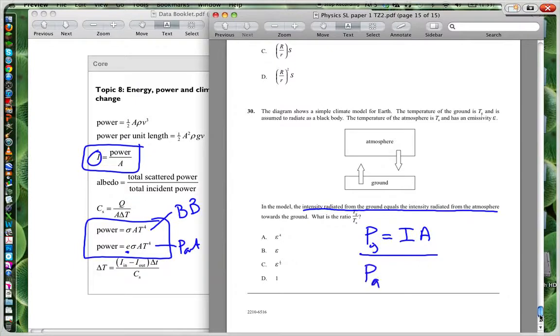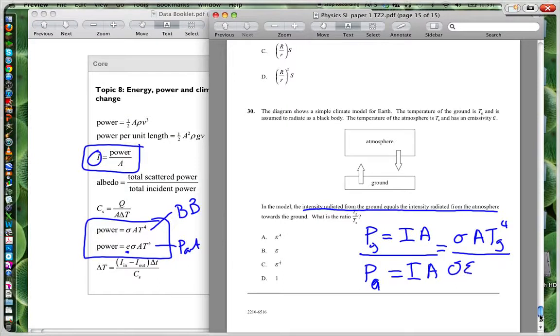Now if we take obviously that our area is going to be the same, we can assume that our intensity is the same. That is equal to sigma A Tg to the 4, and here we're going to have sigma.